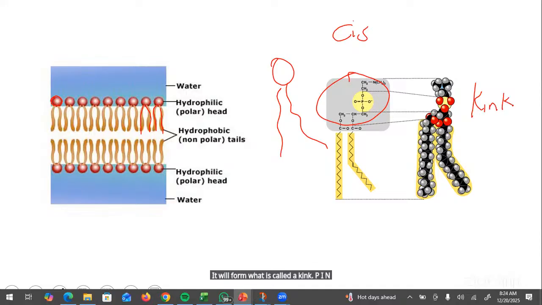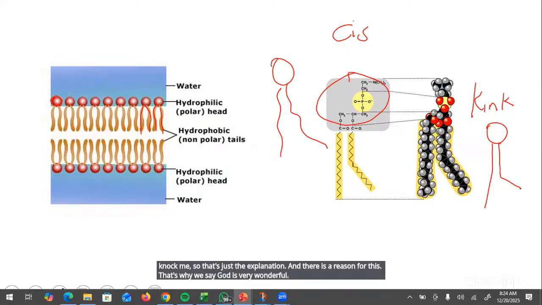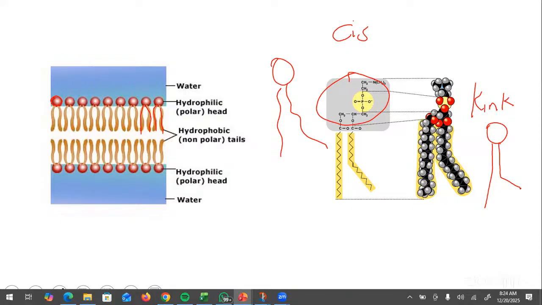K-I-N-K, kink. It will look like this: one will be straight, the other one will be bent, just like someone that has knock knees. That's the explanation, and there is a reason for this. That's why we say God is very wonderful.